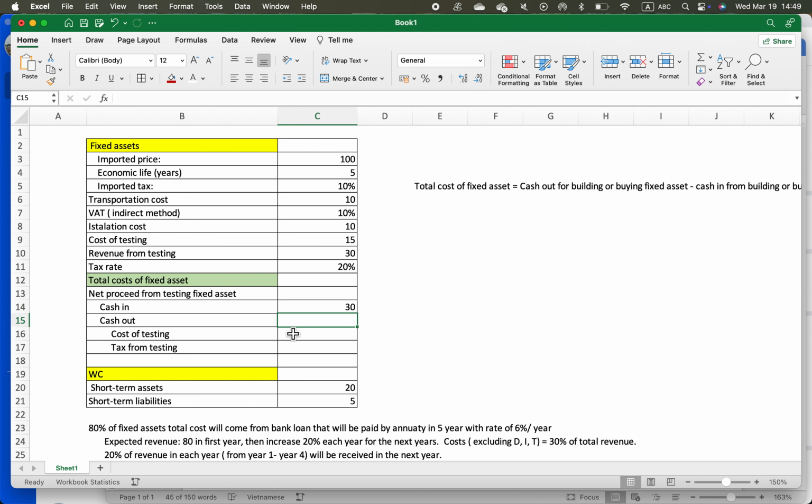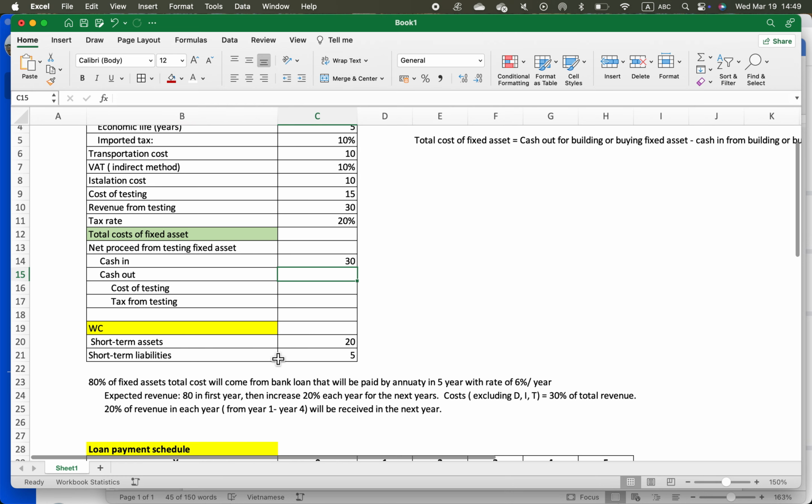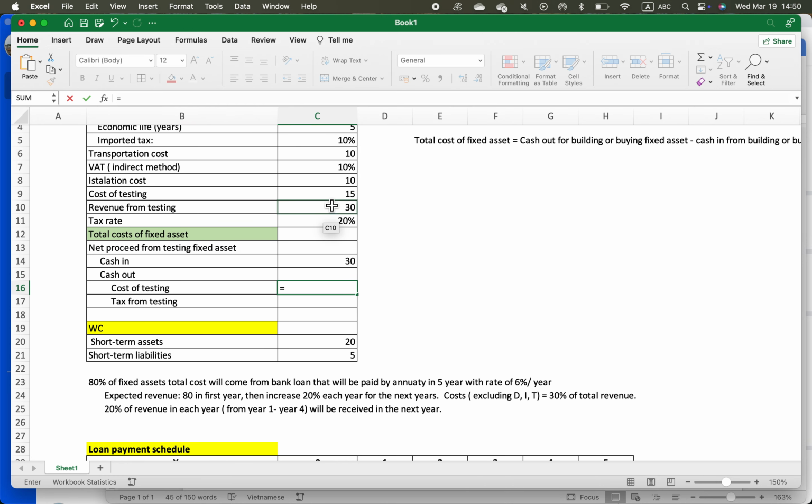And cash out, so we have two items of cash out from testing the fixed asset. The first thing is the cost of testing, which is in here. I gave you 15, right? And then the tax from testing. So how can we calculate tax from testing?